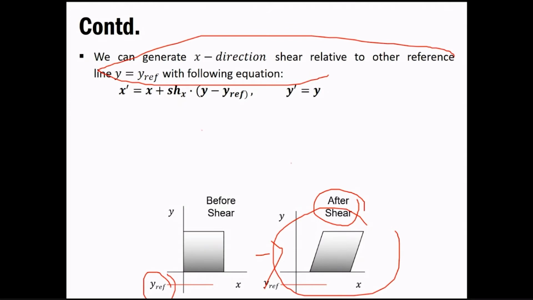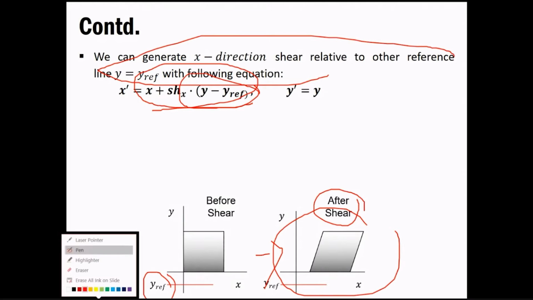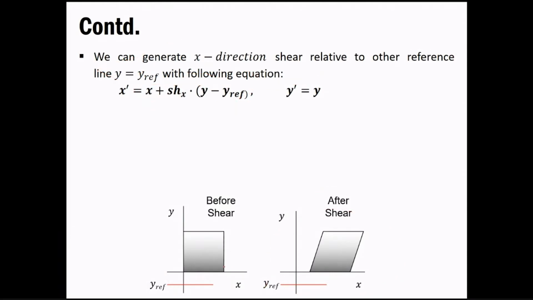For this purpose you simply follow this: x plus shx into y minus y reference, because now we are shearing relative to the other reference line, that is y equal to y ref. Try to imagine this, see the figure, and you'll get an idea that this is what we are doing, and we are adding it to the x.